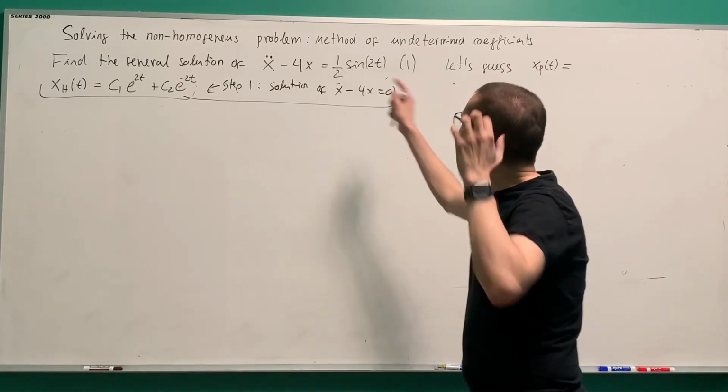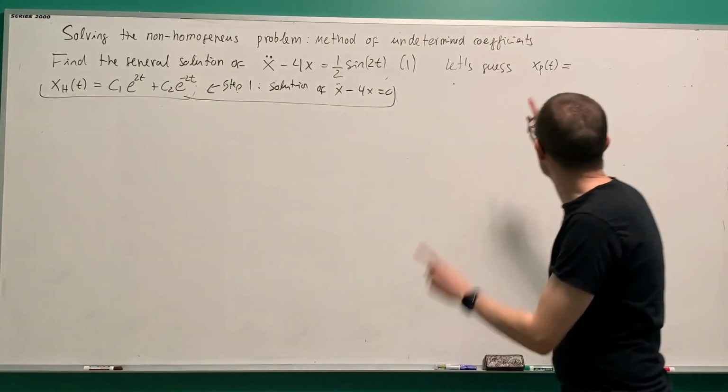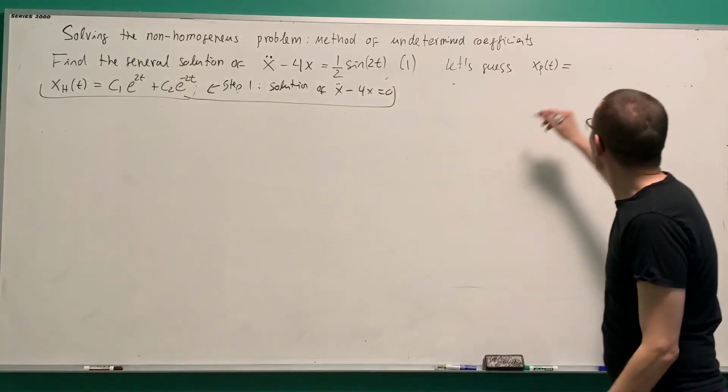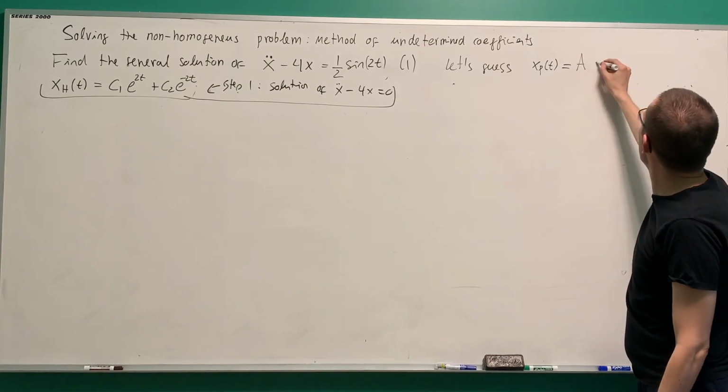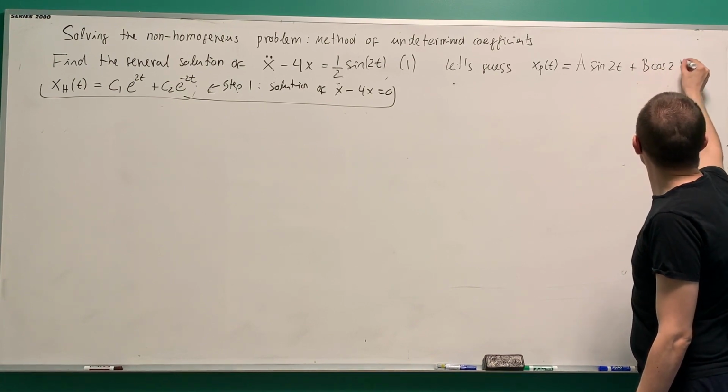That kind of intuition may work this time, but may not work in others. Let's see if it works this time. For now, we're going to be conservative, and make the guess that this could have a sine component and a cosine component.